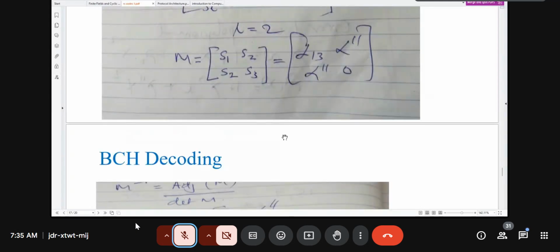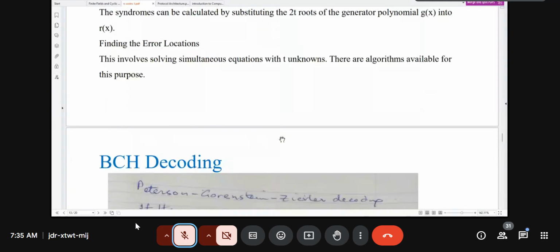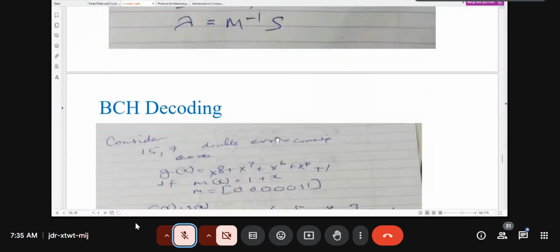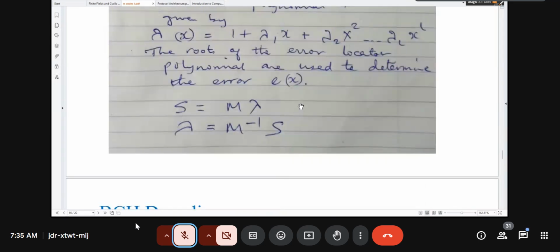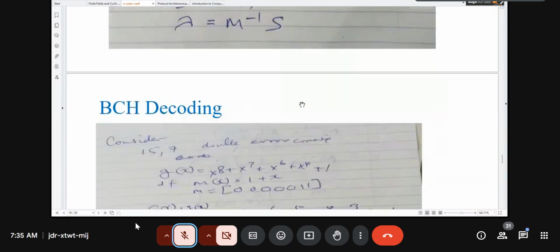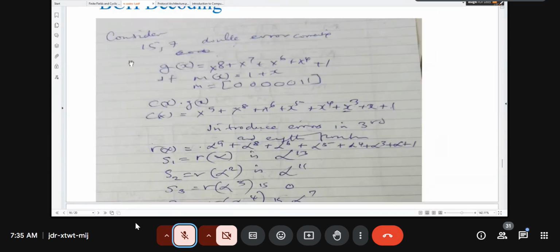I think the best way is to do it with a simple example, so we understand how it really works without necessarily deriving it. We consider a (15,7) double error correction code.